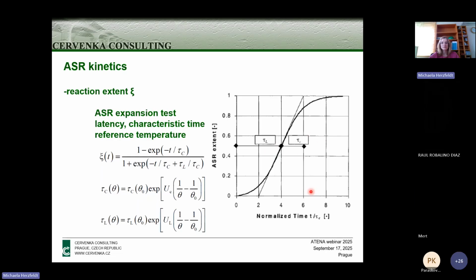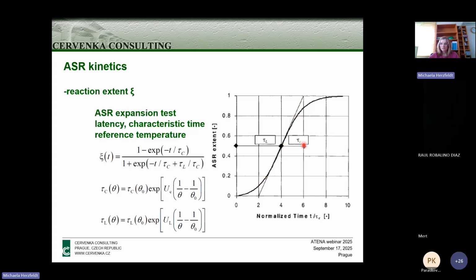time. And this latency and characteristic time you usually have for one curve at one temperature, which would be the reference temperature for that latency and characteristic time. Maybe it's good to point out that this characteristic time is basically the distance between inflection points, the inflection point at the top and also at the bottom, where you have the biggest expansion, or the fastest development of the reaction.